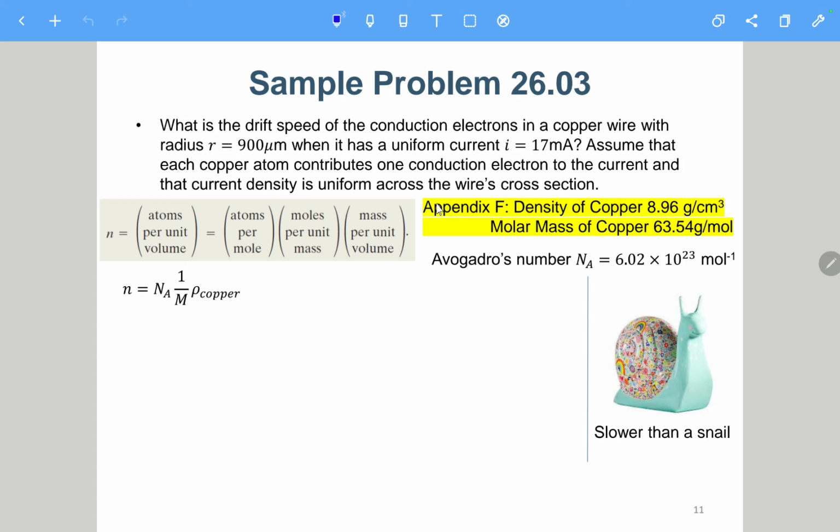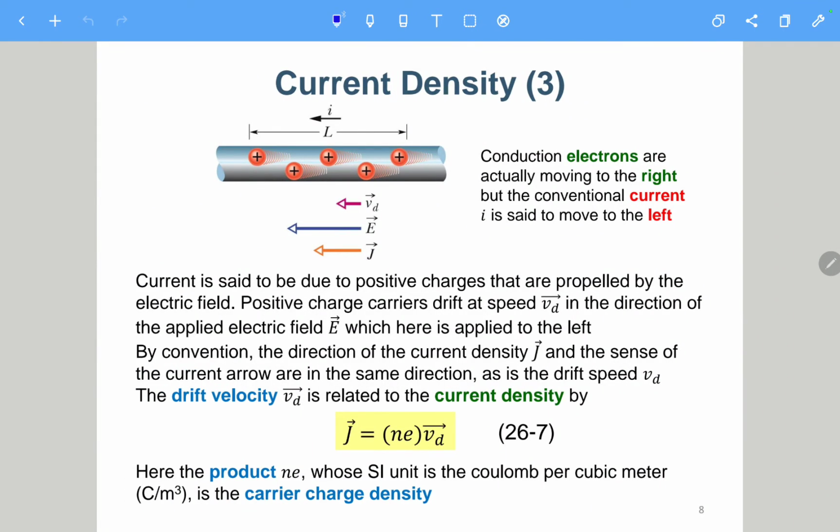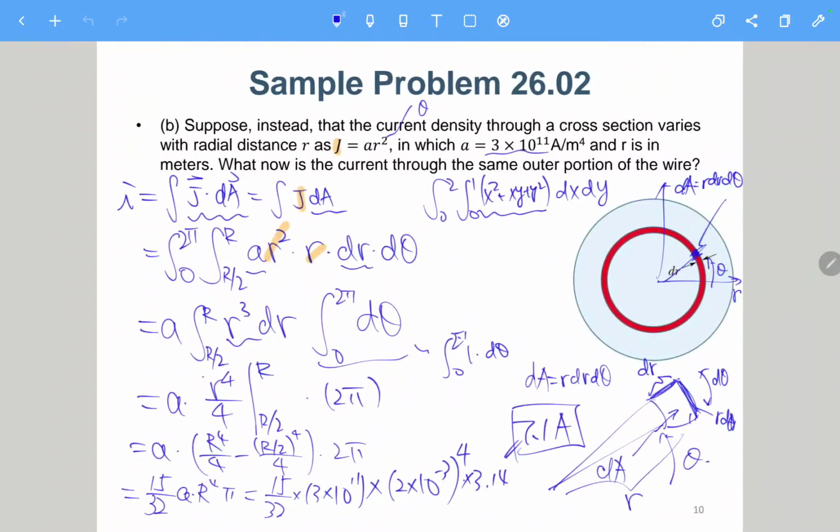Okay, so this requires some constants, like in the chemistry class. Of course I don't really remember that, but anyway, it's just a simple calculation making use of the equation we just derived: J equals n e times v_d.